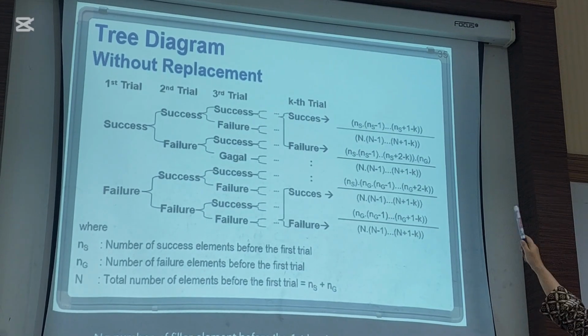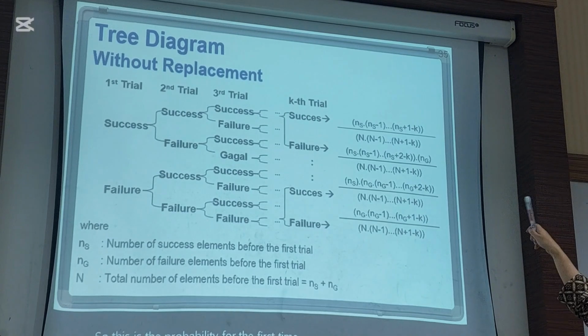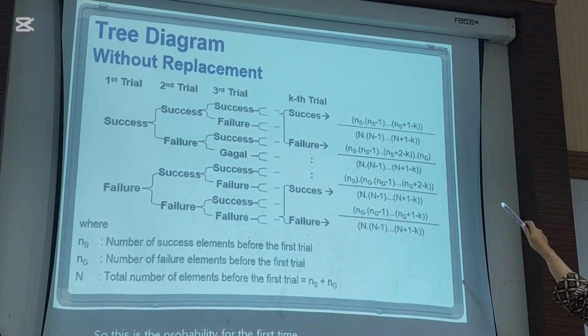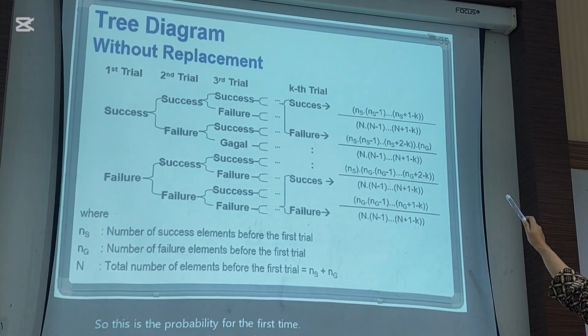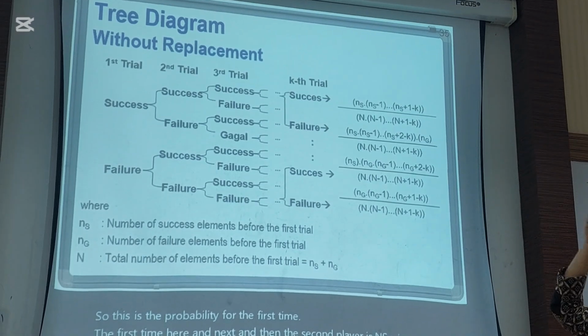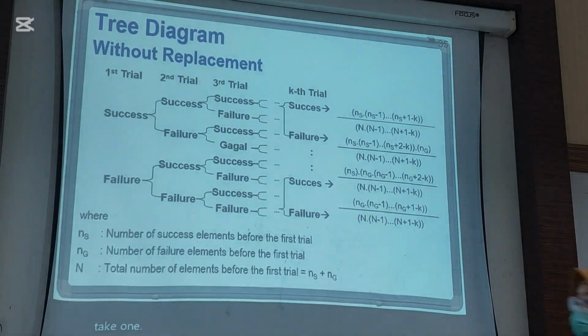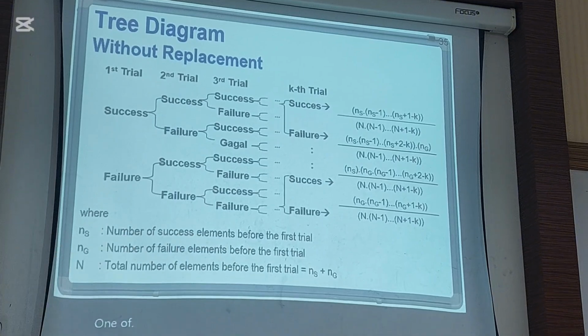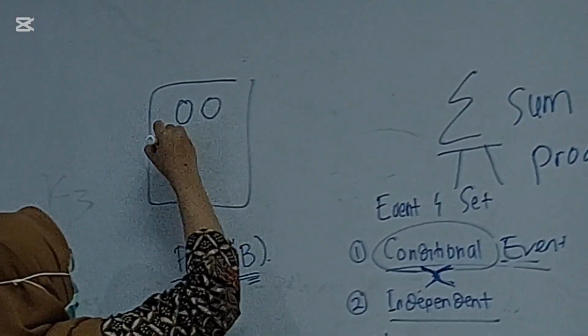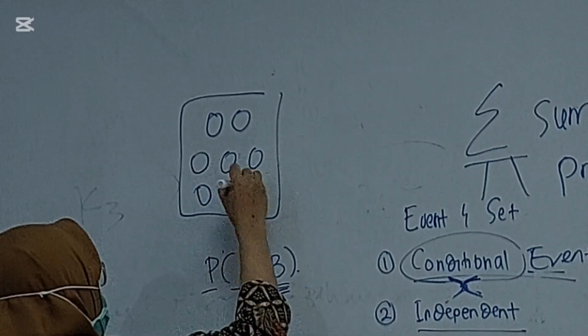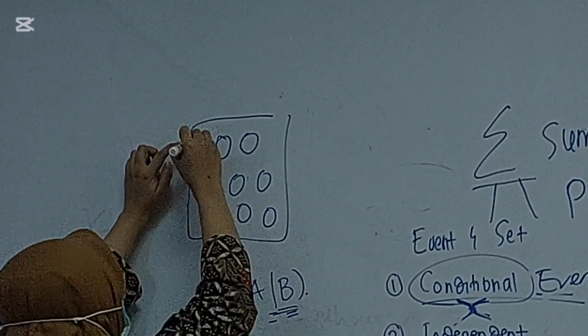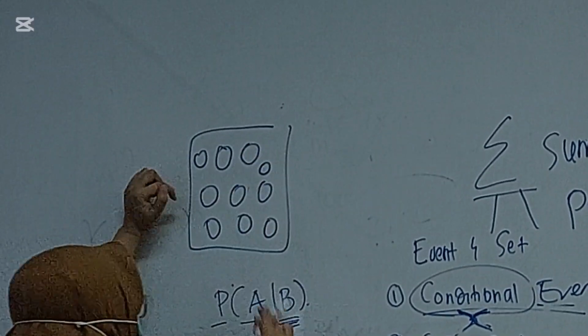This is the probability for the first trial. The first trial is NS, and then the second trial is NS minus 1 because we take one observation. We take 1 point. In the first time we have a sample space of 10.